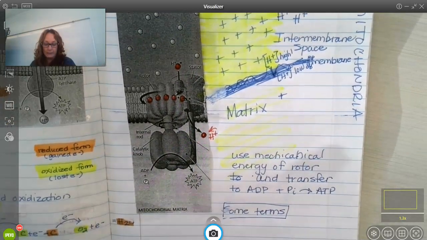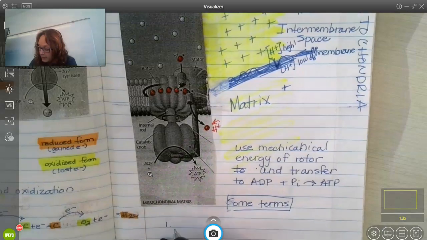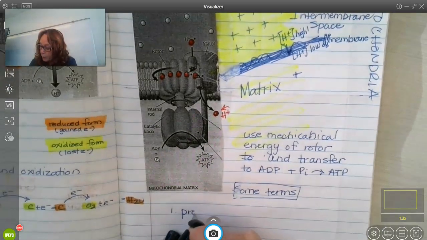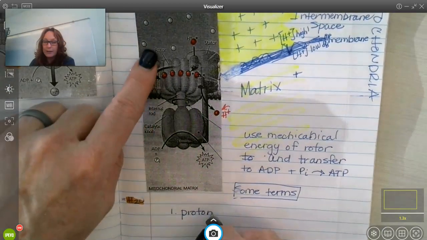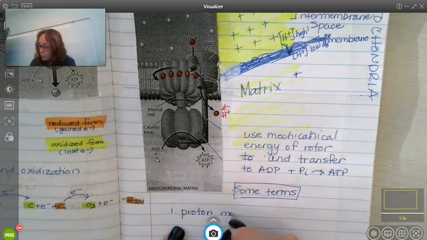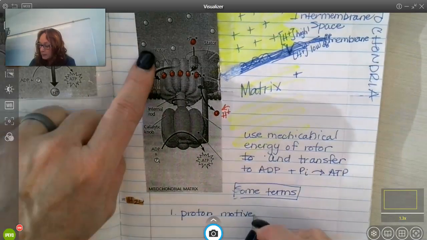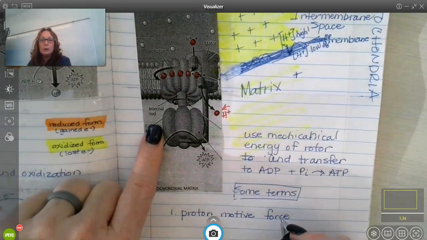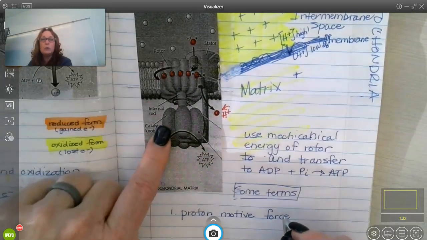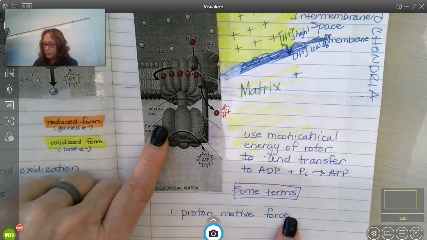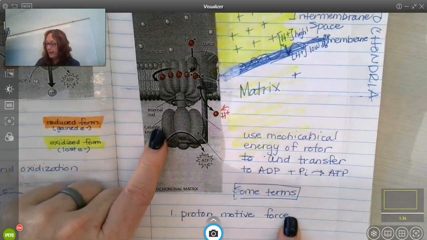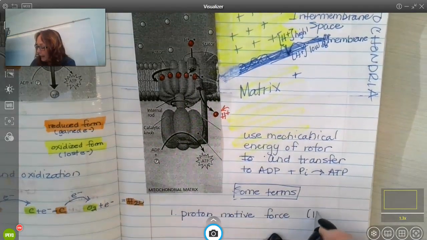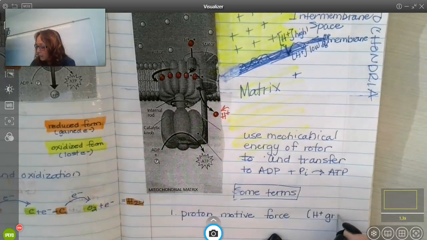So one of them is called proton motive force. Okay, we know protons are hydrogen ions. Motive, movement, force. That's the natural tendency of them to move with their gradient. That just tells you that you have a hydrogen ion gradient.